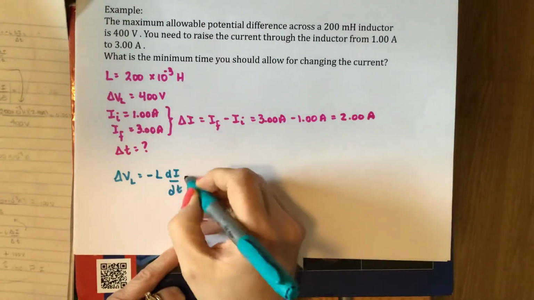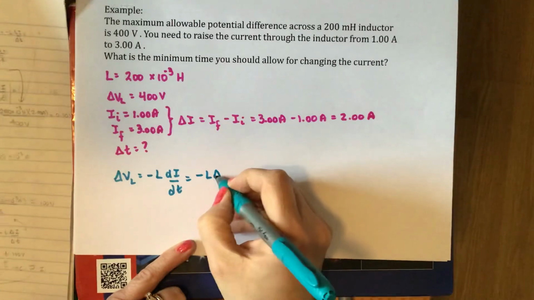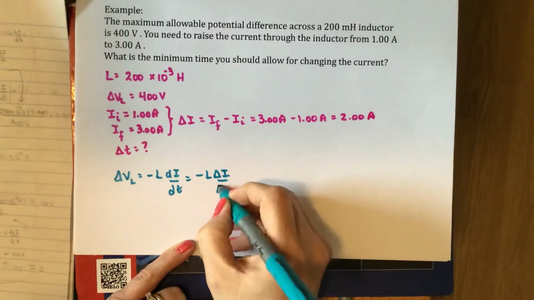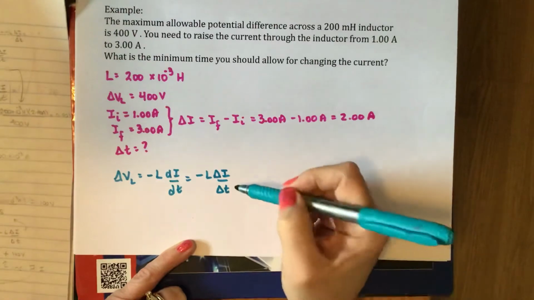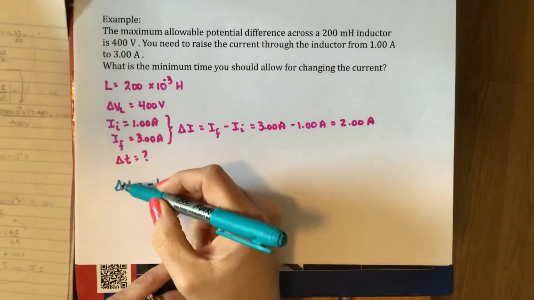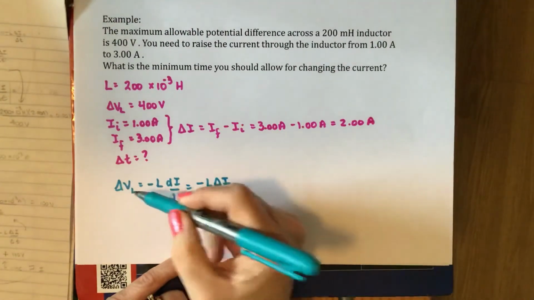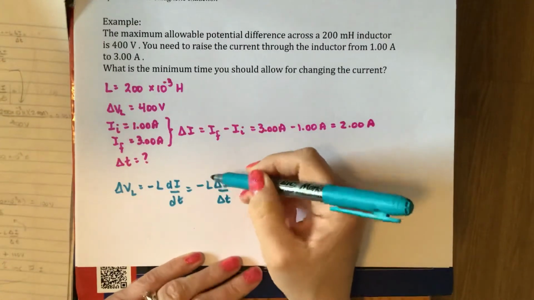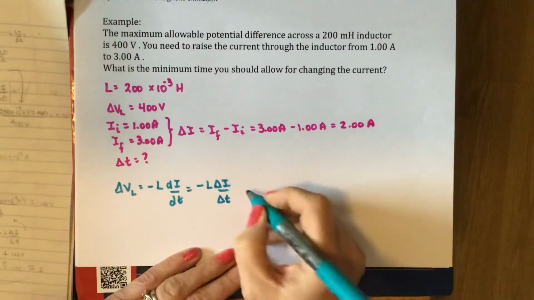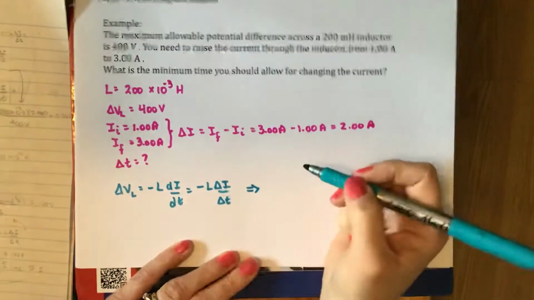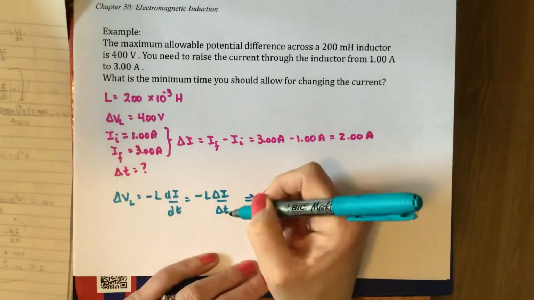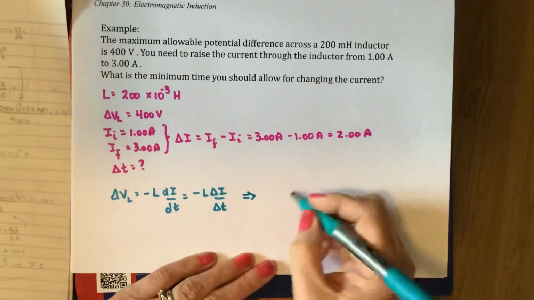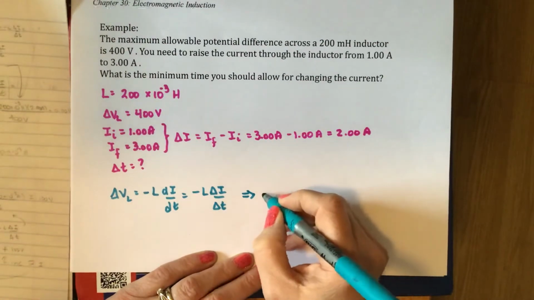So the change in current over change in time we can write as delta I over delta t. Our current is positive. So if we're trying to find the time, we can deal with the absolute values. Our change in potential can be positive or negative, so let's take the absolute values of everything so that we can find what our time is.